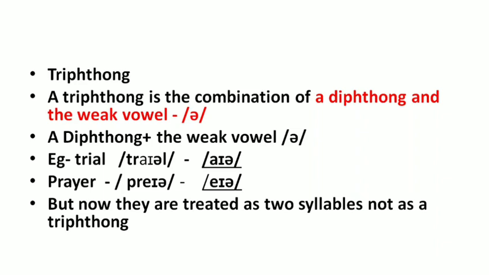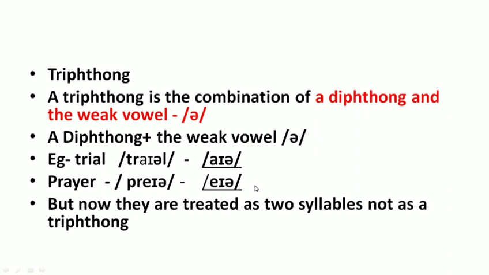A triphthong is the combination of a diphthong and the weak vowel, that is schwa, which we discussed. The 12th pure vowel is the weak vowel, as in father. So a diphthong plus the weak vowel schwa is known as a triphthong.